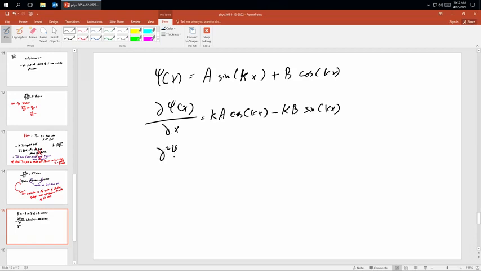And your second derivative is going to be equal to: sine becomes minus cosine, so minus k squared a sine kx, minus k squared b cosine kx.